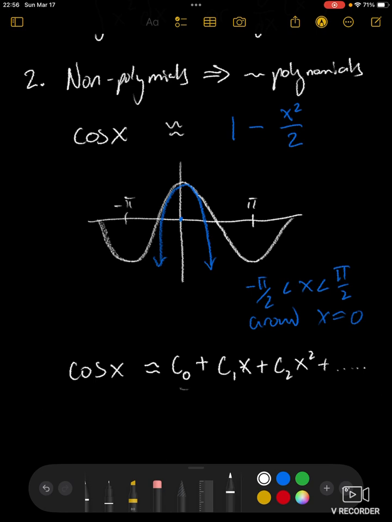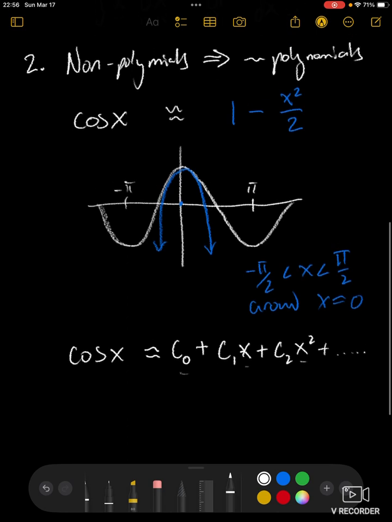So we have our constants, and then we have our variables right here being x, and our constants, c0, c1, c2, are what we're going to use in order to actually fit the curve to this one right here, the cosine curve. And as we keep doing this infinitely, it will keep getting better and better, to the point where it can almost seem identical in a given area.